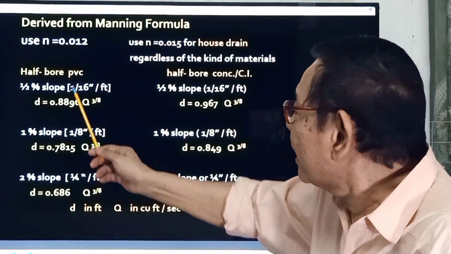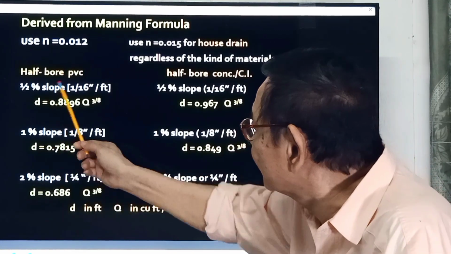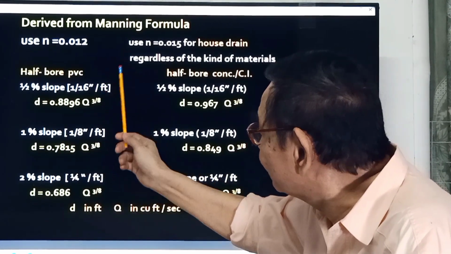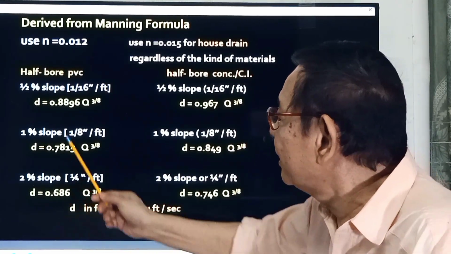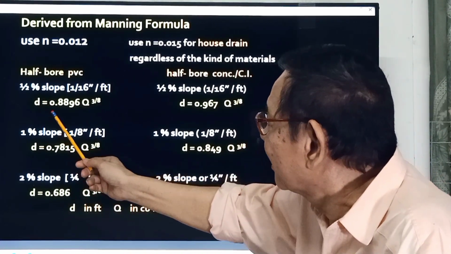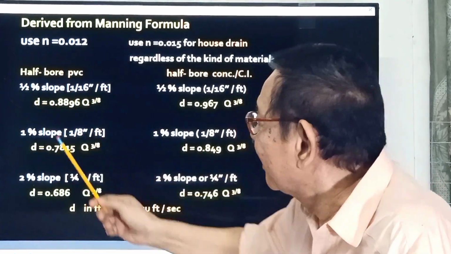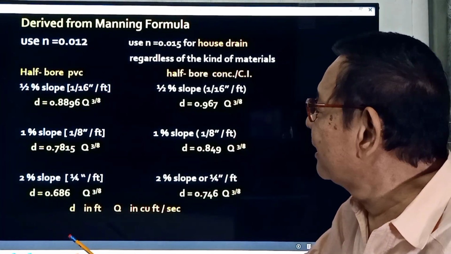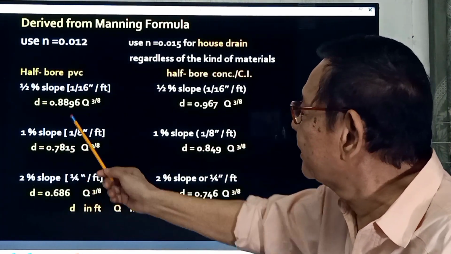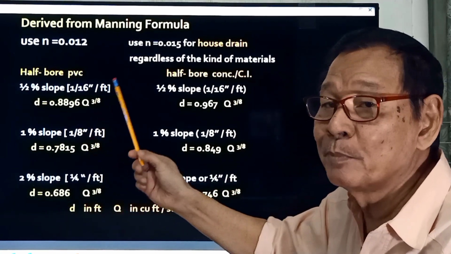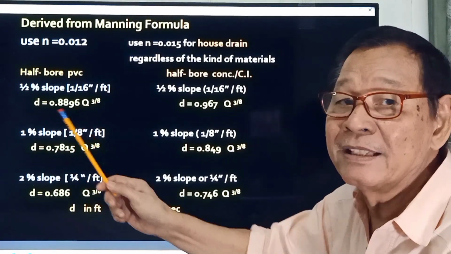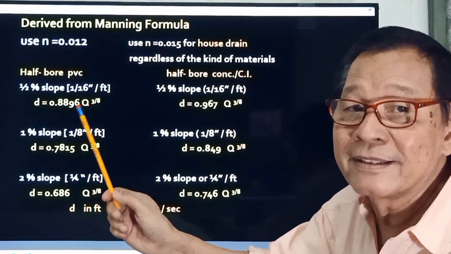For half bore PVC, 1/2% slope or 1/16 inch per foot gradient, the diameter that I derive is 0.8896 Q raised to the power 3/8. 3 divided by 8 is equal to 0.375.